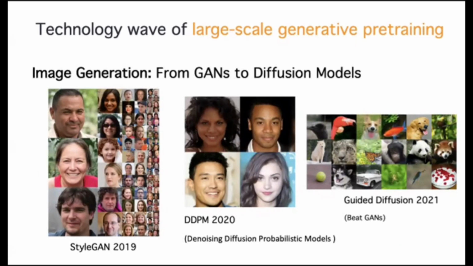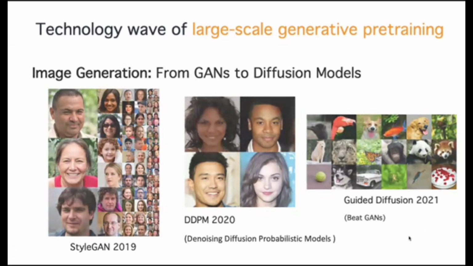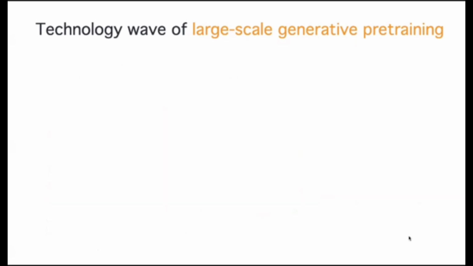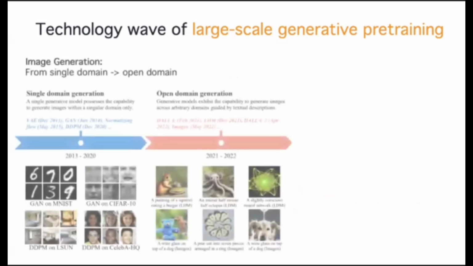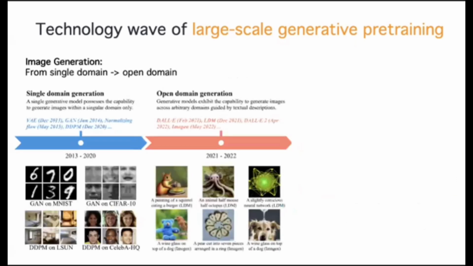So this makes GANs hard to scale up to more diverse distributions, like the ImageNet distribution or open domain image distributions. So open domain image generation is achieved by diffusion models like Latent Diffusion Models, Imagen, DALL-E 2, and also autoregressive models like DALL-E.